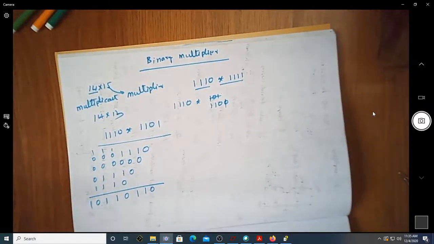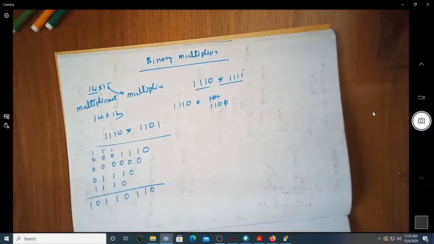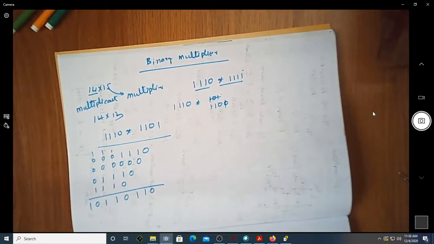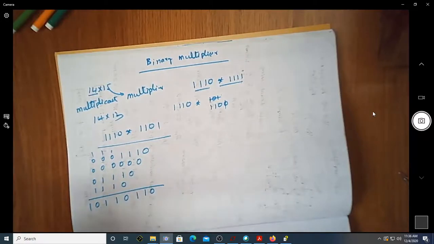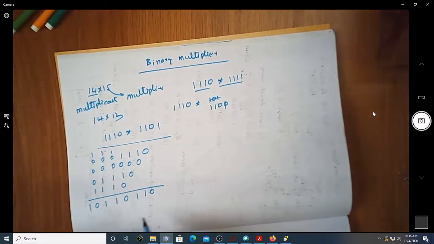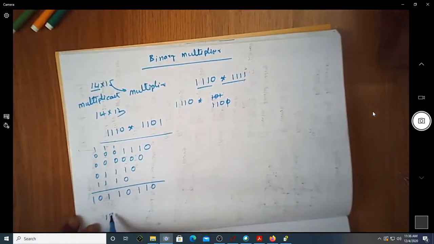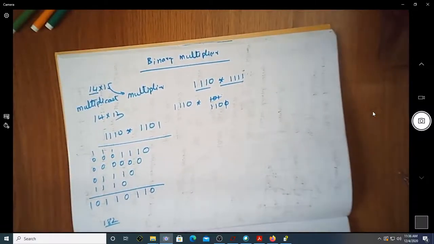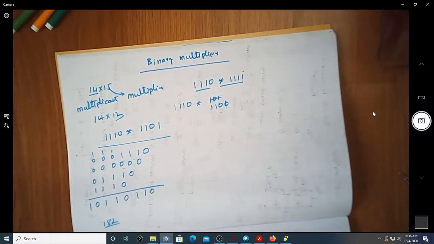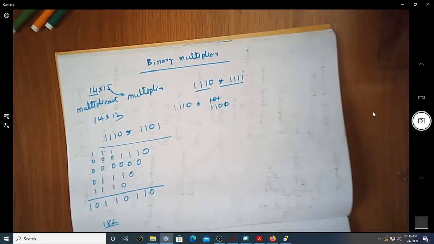So we have this as the value of our product, which is 13 into 14, which happens to be 182. If I find the decimal equivalent of this binary number, it exactly comes out to be 182.